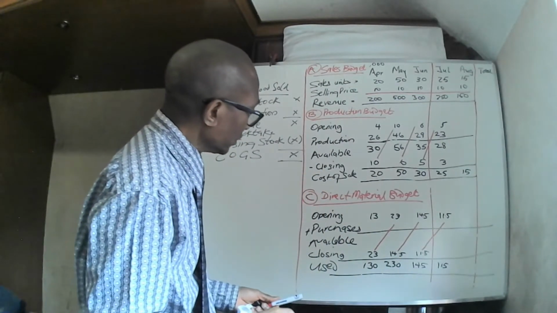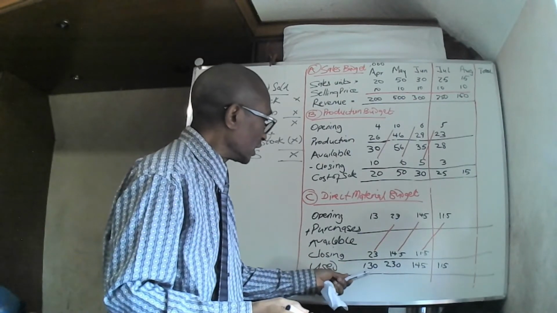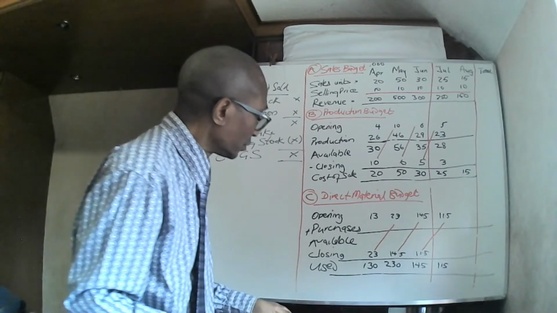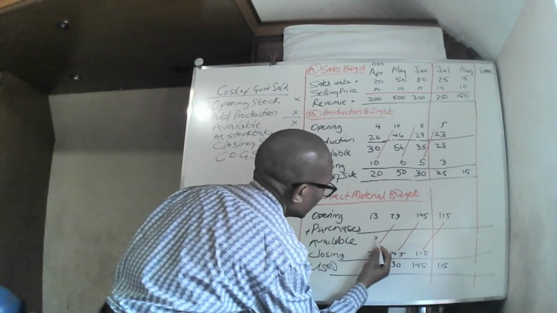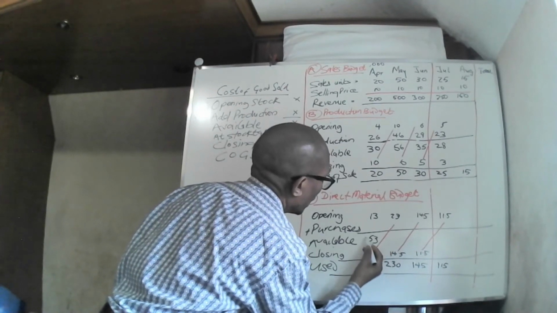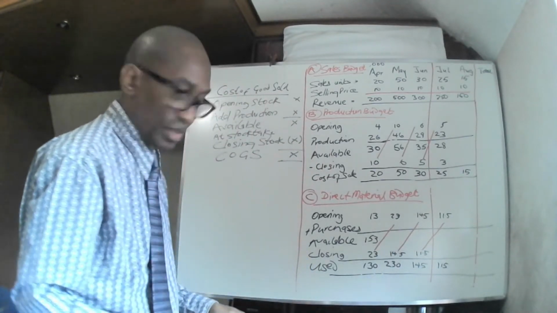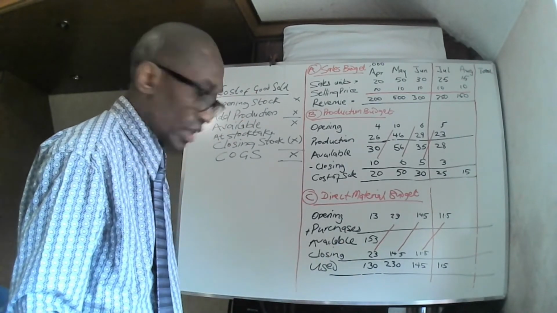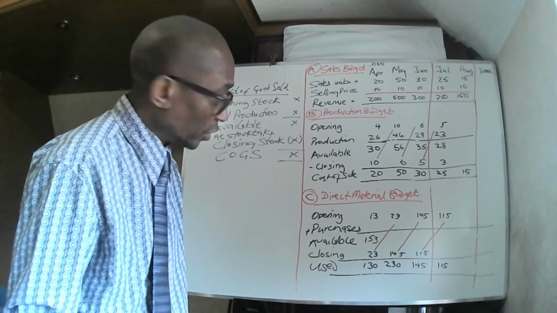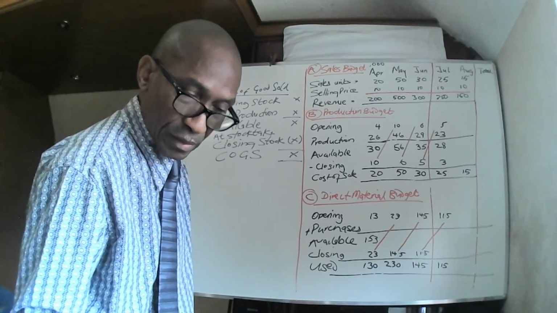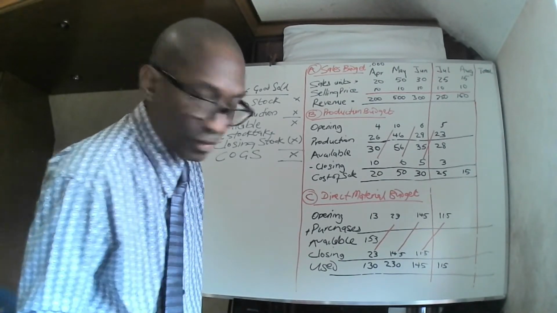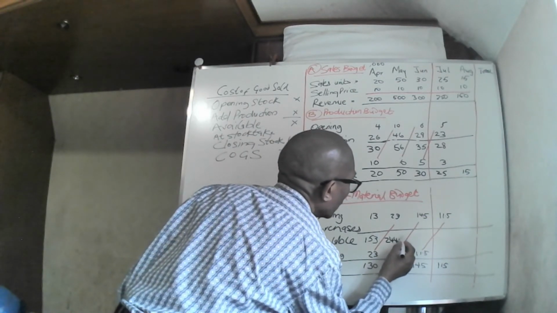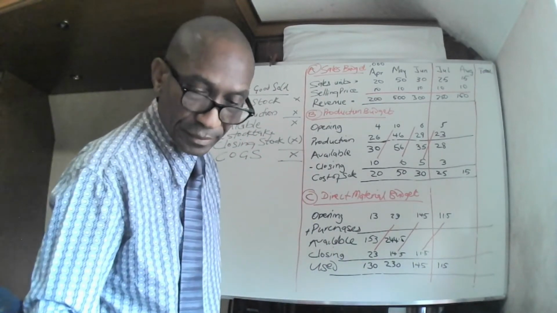Let's now close the gap. This plus this, just as I did here, will come up to total available. That's 153 total available. Because if you add this plus this, 153, 230 plus 14.5 will give me 244.5, right?